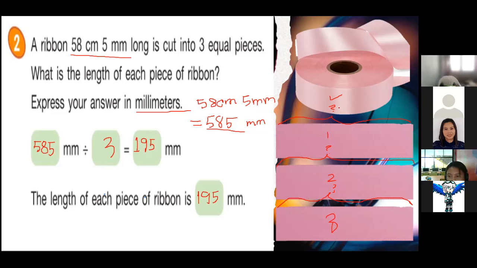So it means the length of each ribbon is 195 here, 195 here, and 195. Okay, finish.